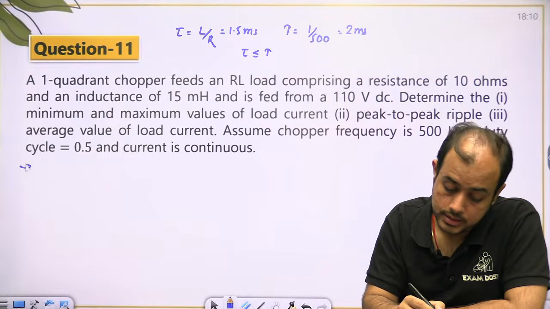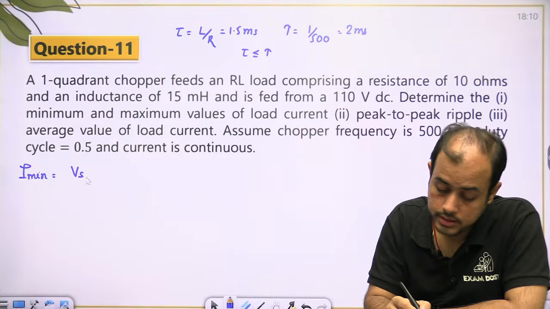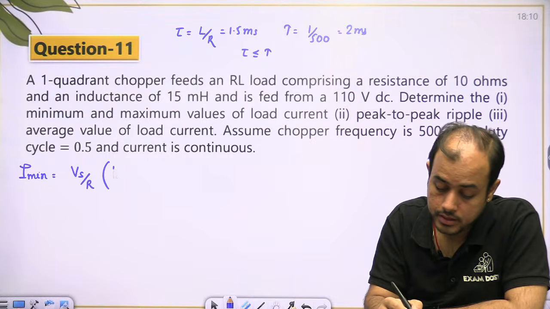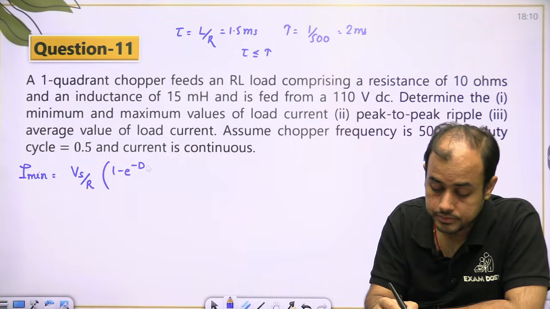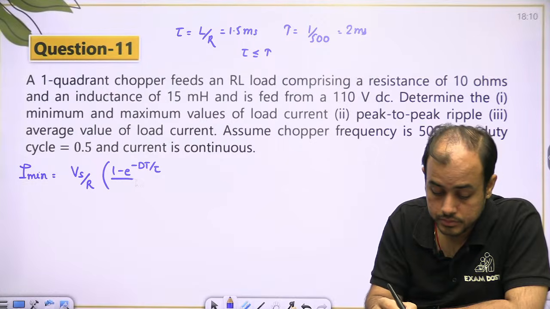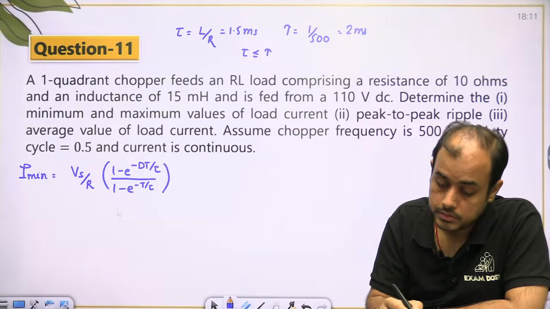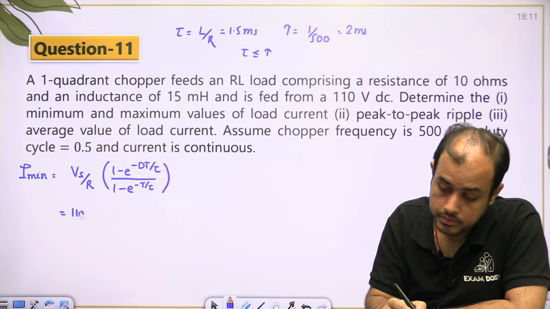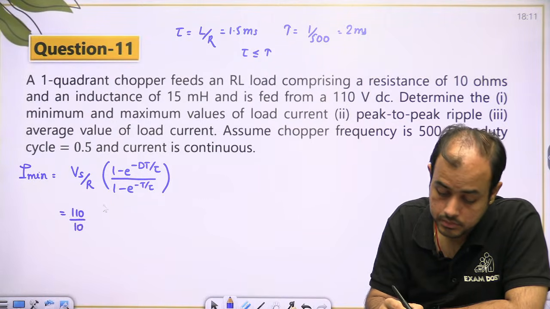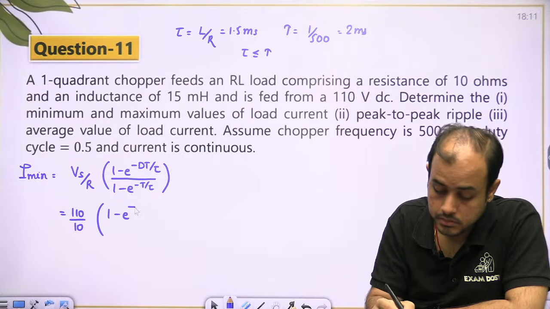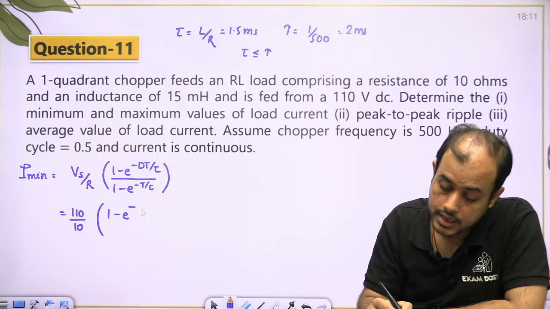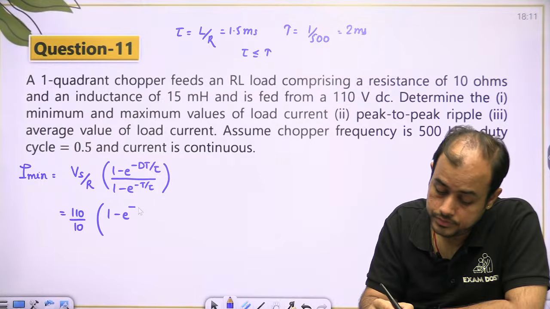So now beta, because there is no EMF, the time period is 2.